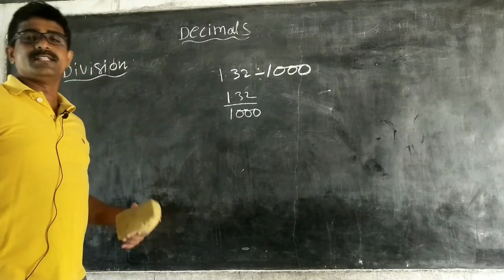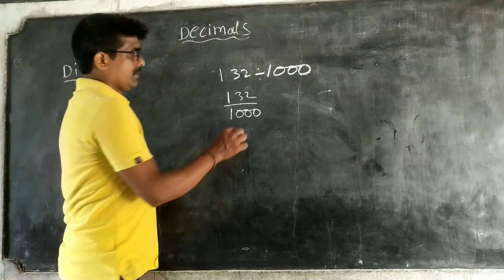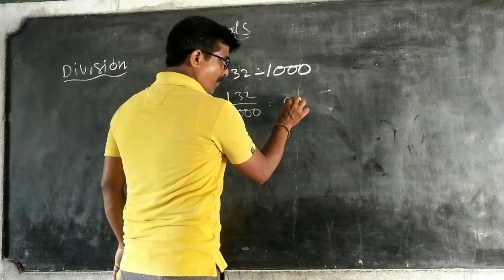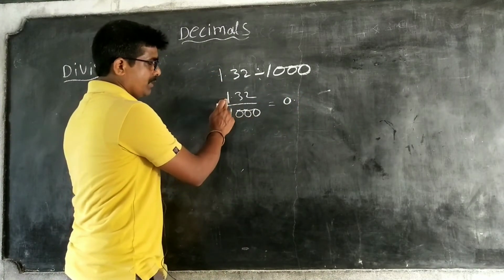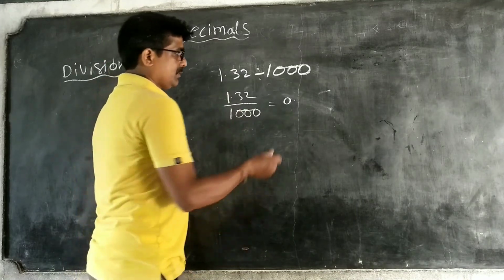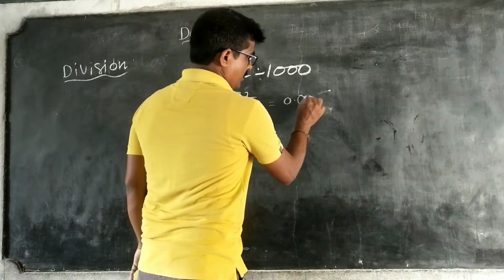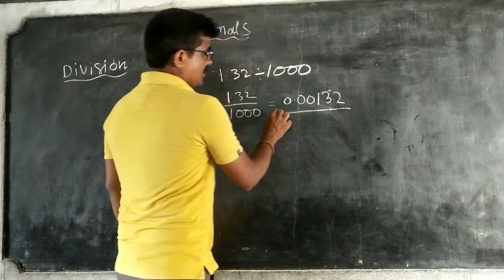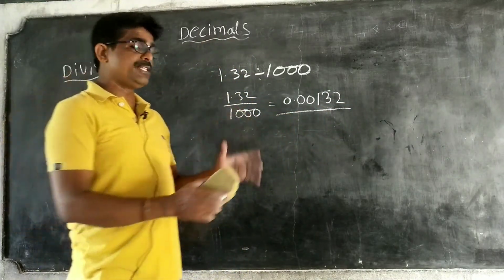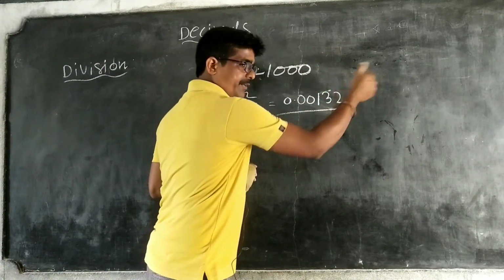So for the remaining digits you have to keep zeros. That is equal to 0. How many? 1, 2, 3. 1 is over, so we have only 2 zeros. That is equal to 0.00132.